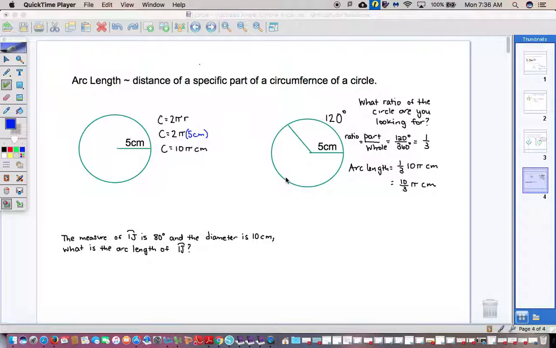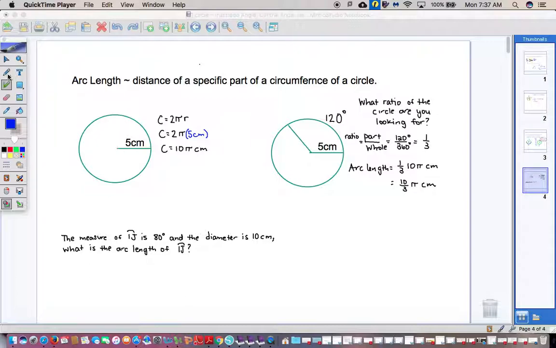Now, arc length. The arc length is a distance of a specific part of the circumference of a circle. We've already talked about circumference in class, and if you weren't here, I'll go through another example. The arc length is found by determining what portion of the circumference you need.